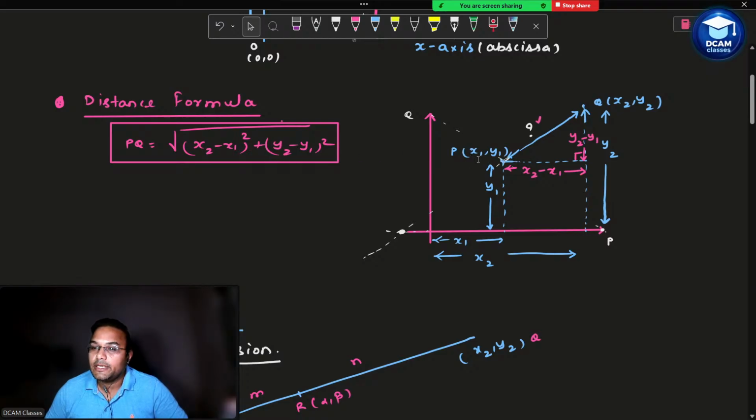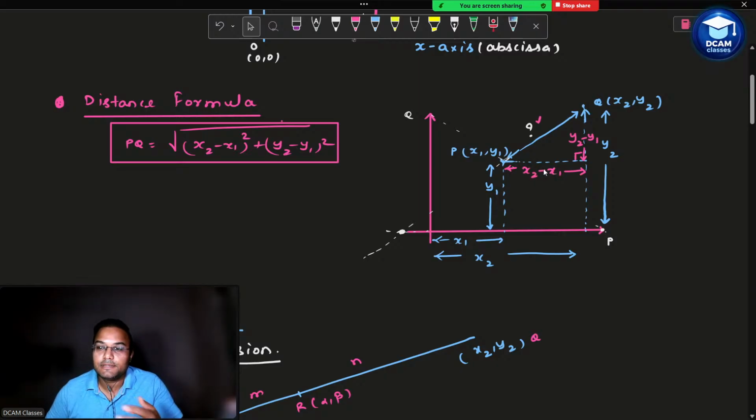If we represent 2 points, (x1, y1) and (x2, y2), then from the coordinate system, for (x2, y2) the distance will be y2 and x2 from the origin, and for P (x1, y1) it will be x1 and y1. If I draw a triangle like this, this distance will be y2 minus y1 and this distance will be x2 minus x1.